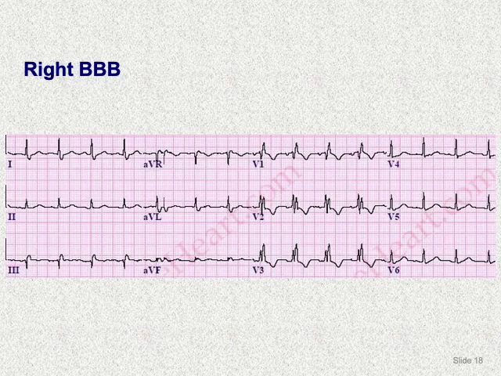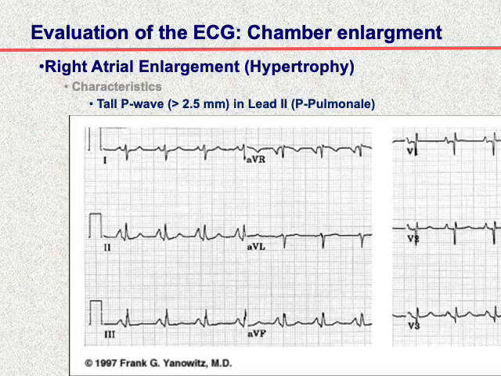So it is an M-shape pattern in the right chest lead V1, so this is right bundle branch block. In lead V6, we see here an S wave, which may not be apparent, but in lead 1 it is much more apparent, a deep and wide S. But to make it easier, the M-shape pattern here in V1, V2 means this is right bundle branch block.